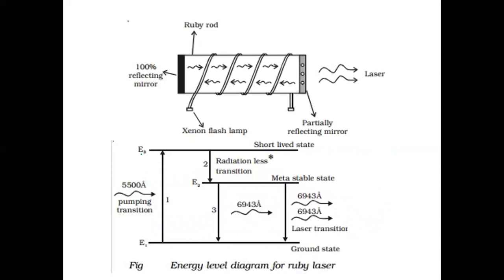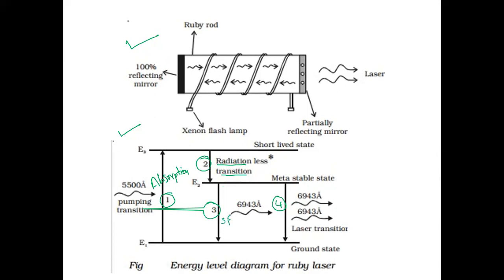This is the complete construction and working principle of ruby laser. There are four transitions. Transition 1 is absorption. Transition 2 is radiationless transition.